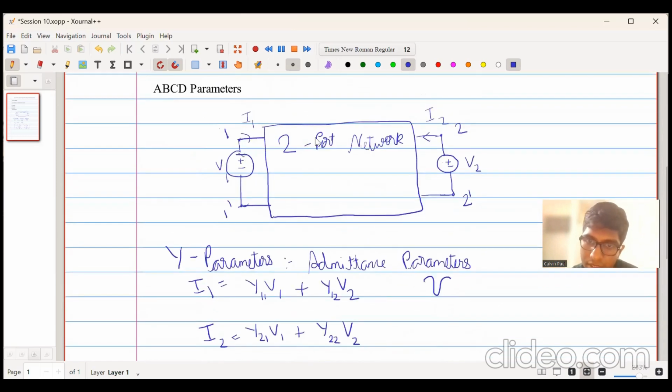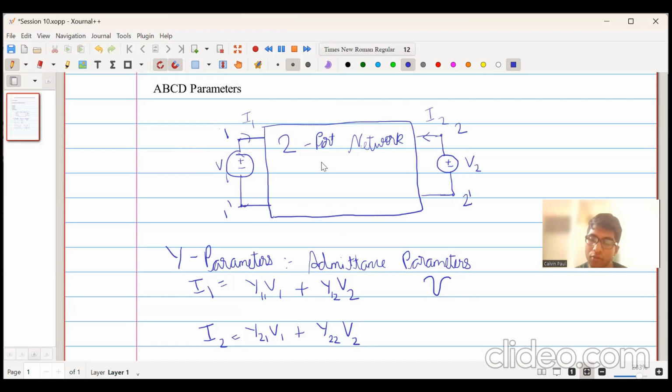So usually, for a two-port network, we don't exactly know what the network is. Let's just assume we don't know the network. It's like a closed box, and you are just given two ports coming out of it, and they tell you to find the parameters of this network.